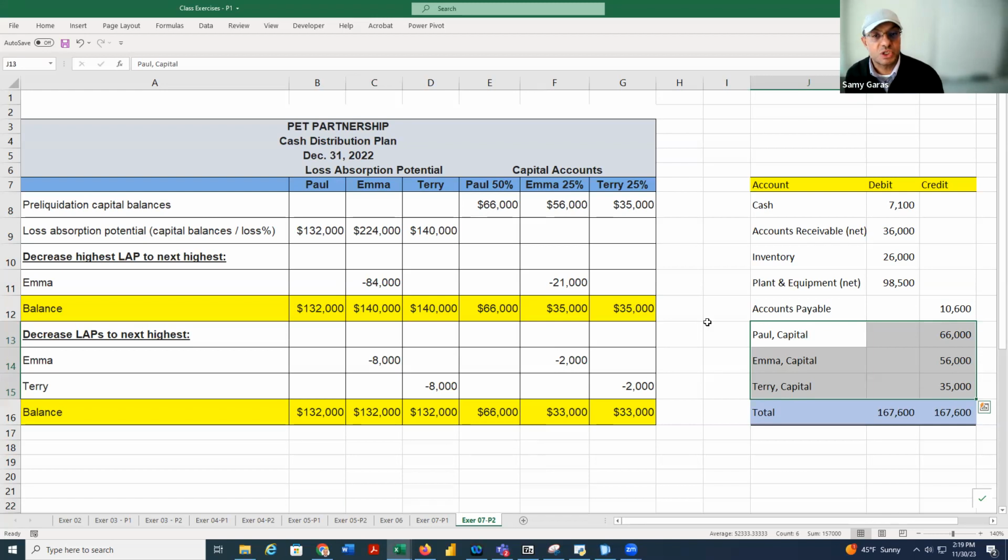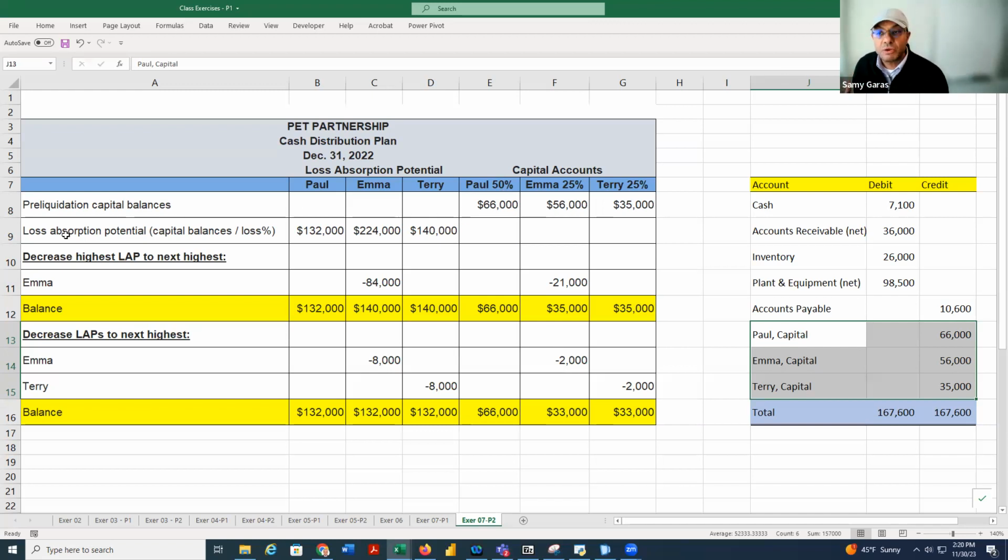And their percentage of sharing the loss or revenue, 50% to 25 to 25. That's fine. Now, how much can Paul absorb as a loss if any loss happened to the company? Since his ownership is 50%, he can take as much losses as 66,000, his capital.